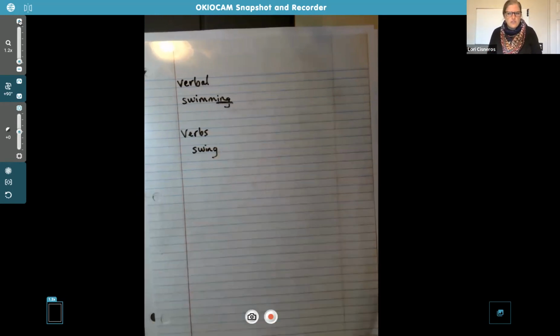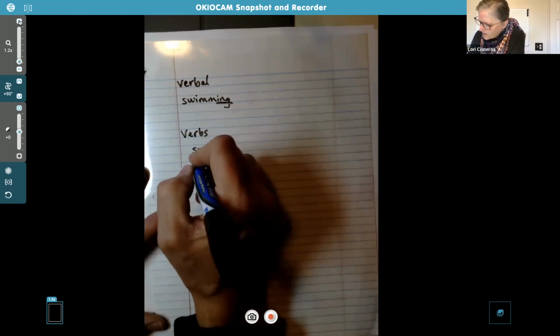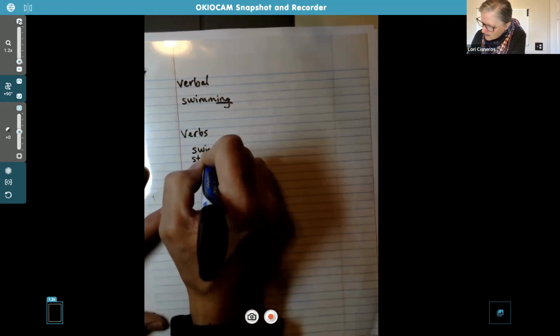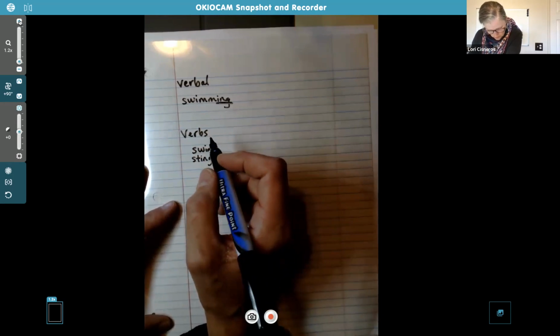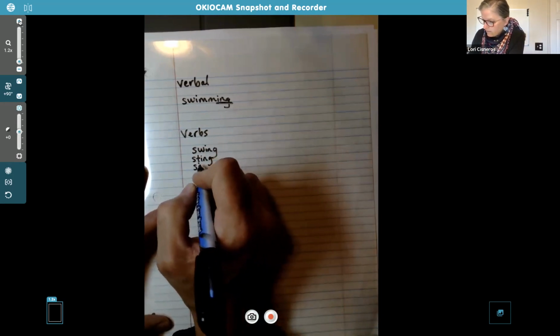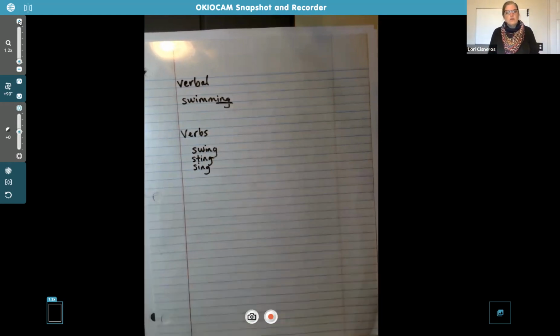That actually changes the word sometimes in sentences, or sting, or sing. Okay, those are actually verbs, swing, sting, sing. But they're a little different than adding an ing at the end of a base word that is a verb.